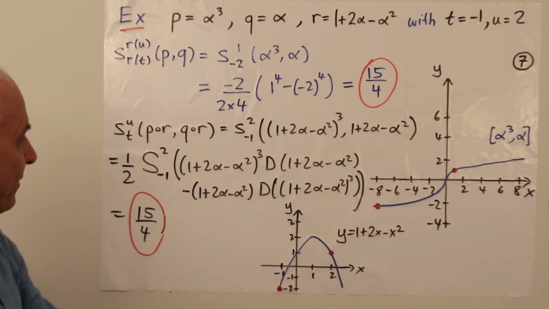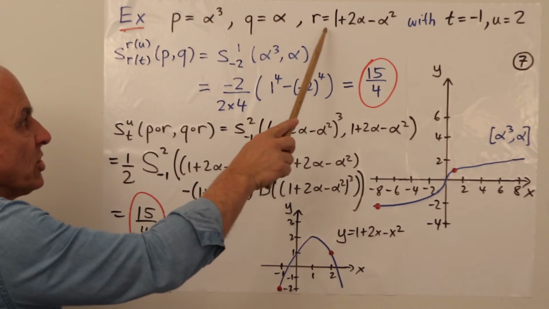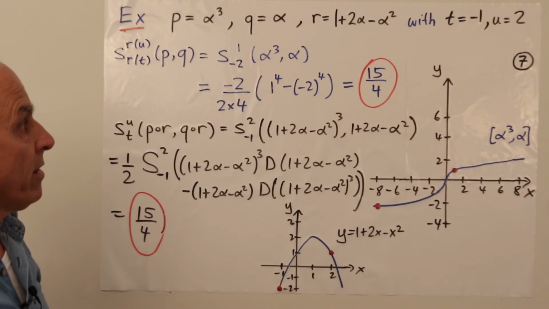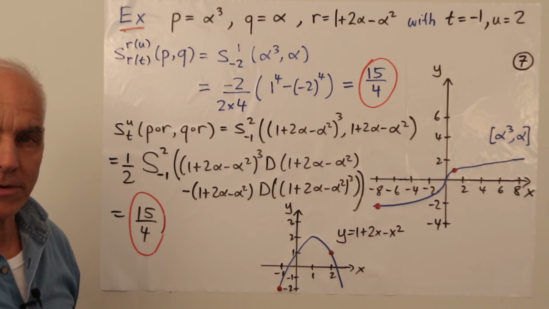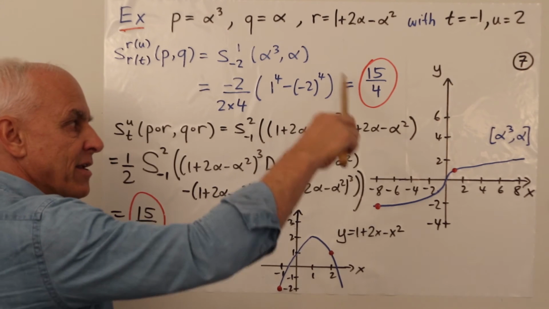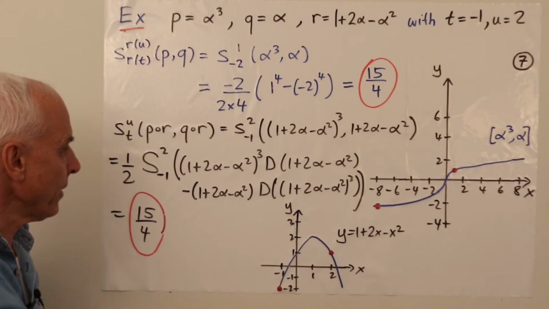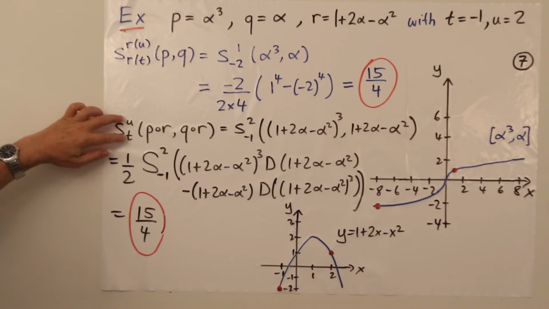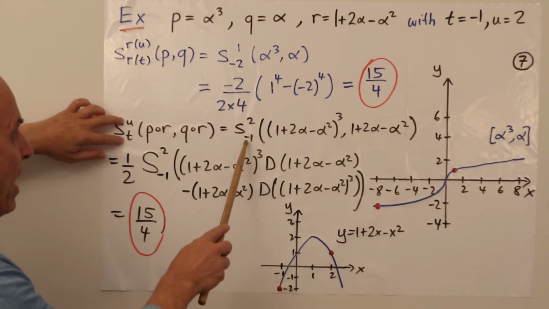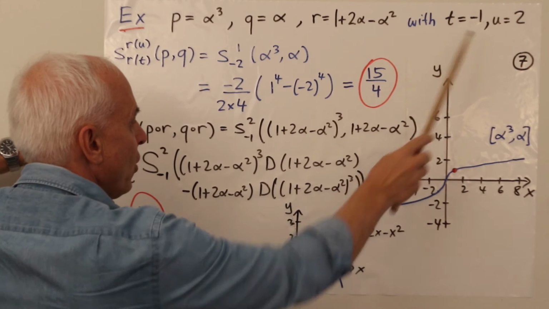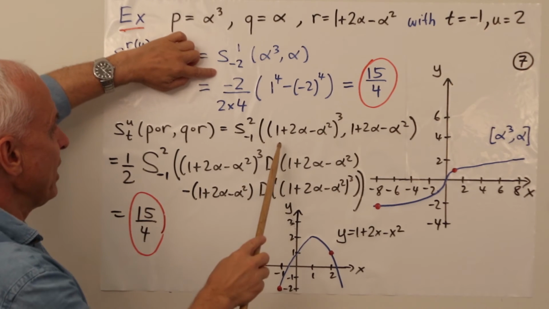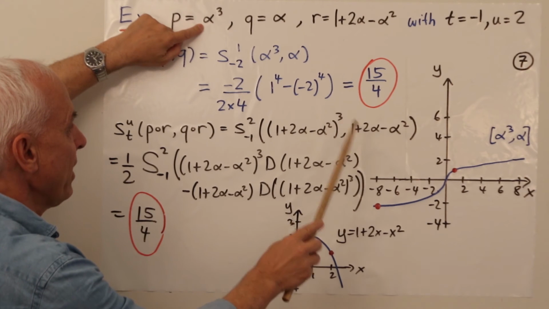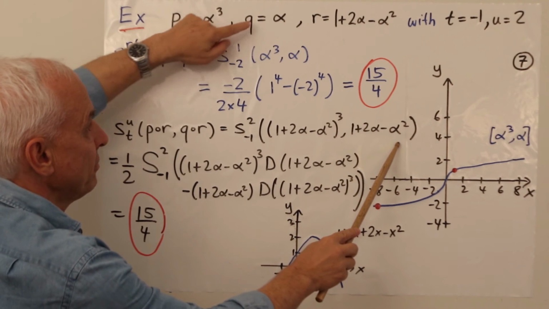We compose these two functions with this quadratic function r, which is 1 plus t alpha minus alpha squared. Its graph is like an inverted parabola. Okay, so what happens there now? So now we're just going from t to u, so signed area from t to u, from minus 1 to 2, of, okay, here's r cubed, because we're composing with p, and here is r to the 1.